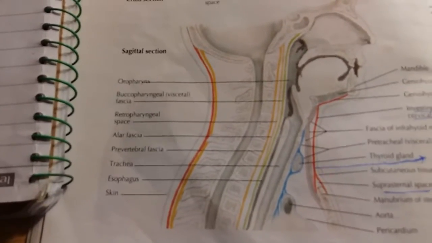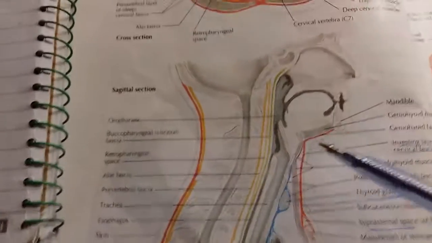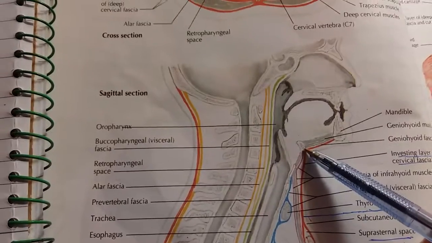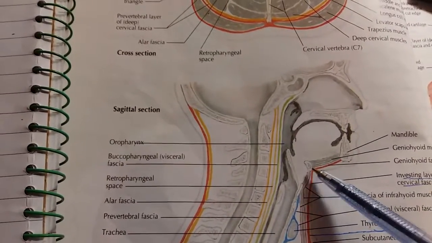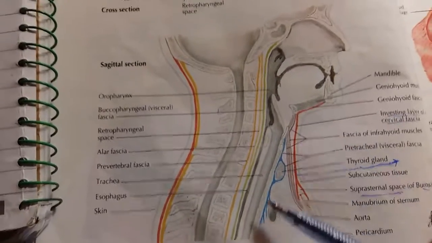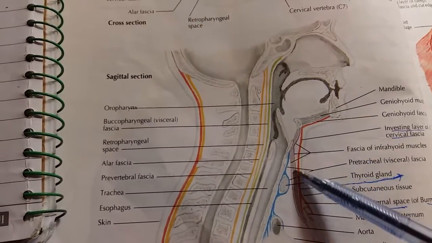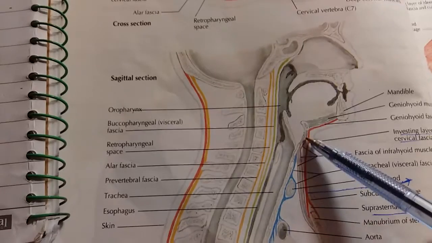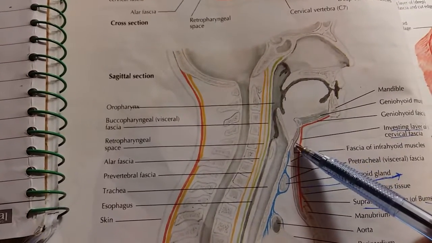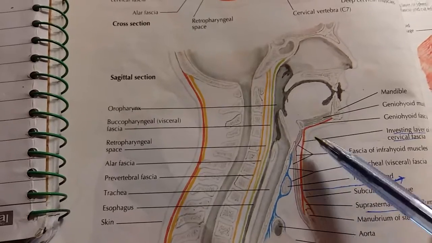Now coming towards the pretracheal fascia. The pretracheal fascia arises from the hyoid bone. This is the hyoid bone, and it consists of two parts: a muscular part, this is the pinkish demarcation, and the muscular part covers the infrahyoid muscles. This is the hyoid, so inferior to it, the muscles are called infrahyoid muscles.